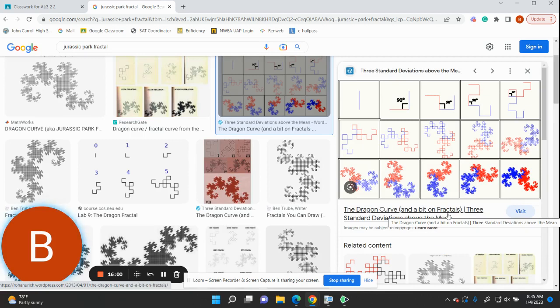Each one is folded exactly the same, but then connected. Each image has the same general shape as the next image. And you just keep connecting it and you get what they call the Jurassic Park fractal, because it's supposed to look like a dinosaur. I don't know how that looks like a dinosaur, but that's what they're calling it. It's a lot of fun to do, but it's a lot of work.